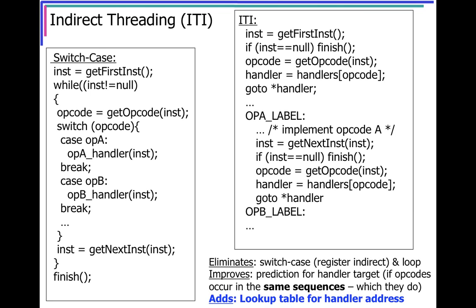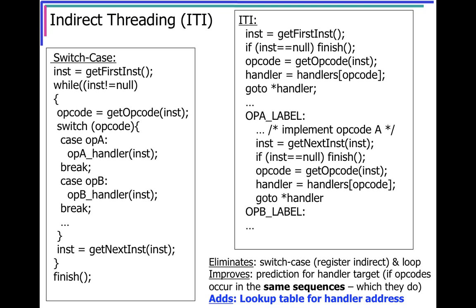So this is called indirect threading, and on the right is what it looks like. What I'm going to do is get things started. I bootstrap at the top, get the first instruction, and check that it's not null. Assuming it's not, we get its opcode, and we use that opcode to index into a table called handlers that returns an address, and we use the goto instruction to jump directly to that handler.